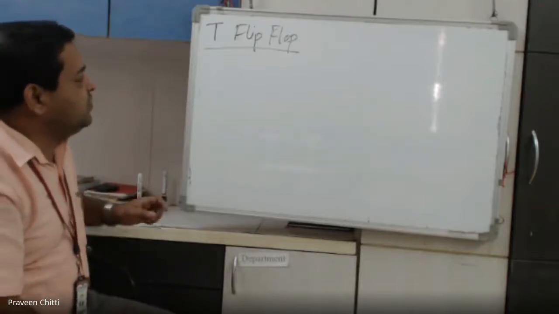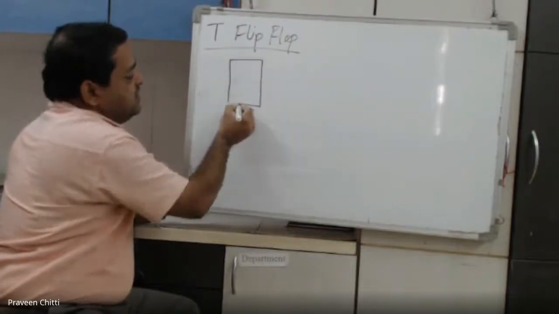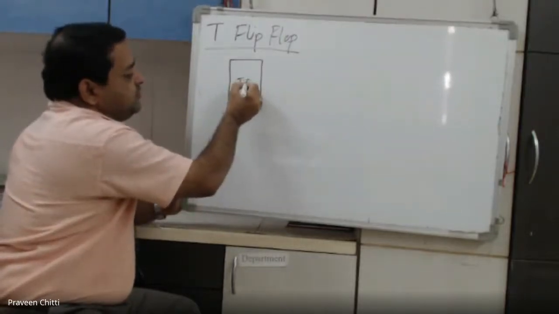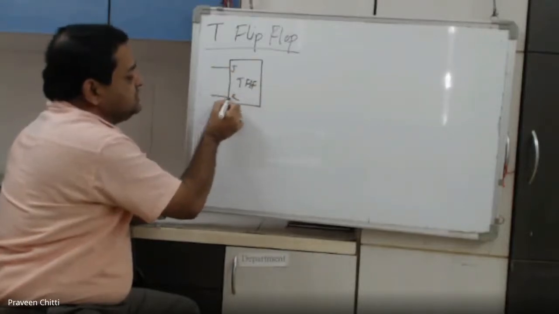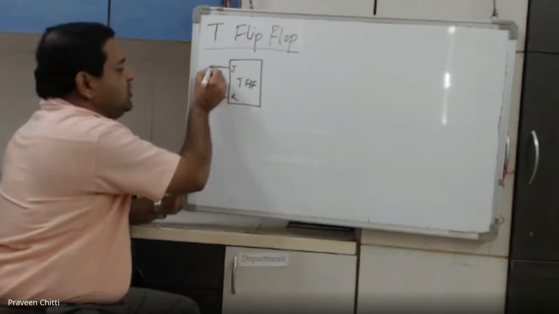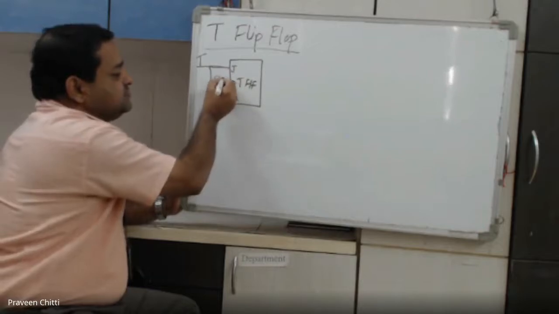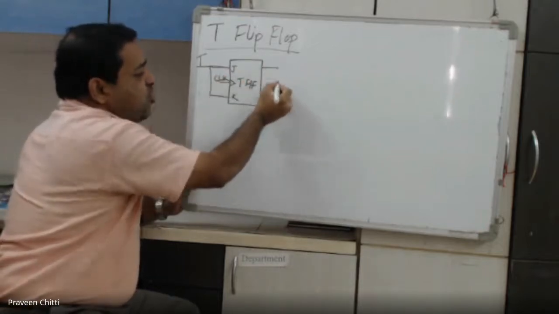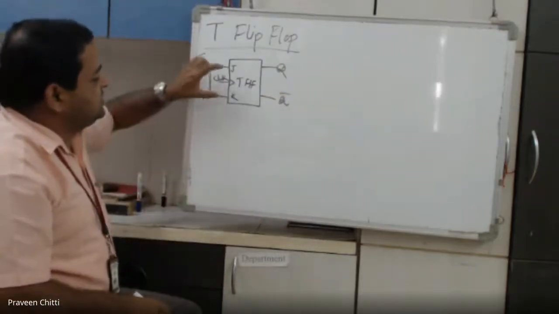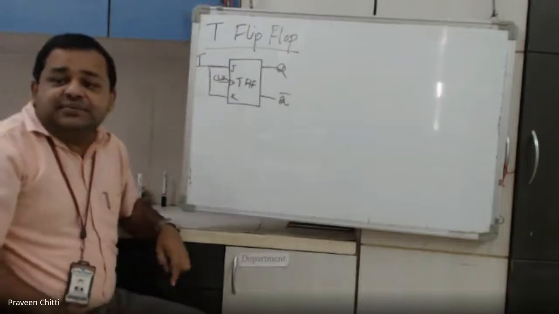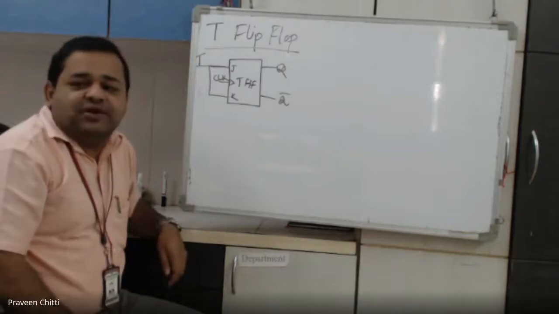This particular flip-flop is called a T flip-flop, and it can be constructed using a JK flip-flop. How we can construct it using a JK flip-flop is, a single input you connect, that is the T input, to both J and K. If both J and K are shorted and connected to the single input, and that single input is denoted by T, then this flip-flop is called a T flip-flop.